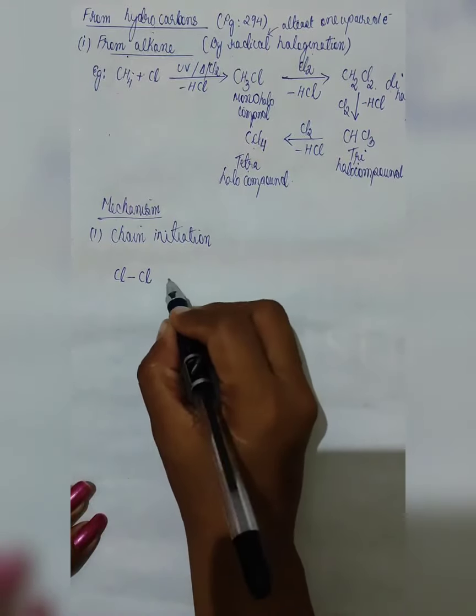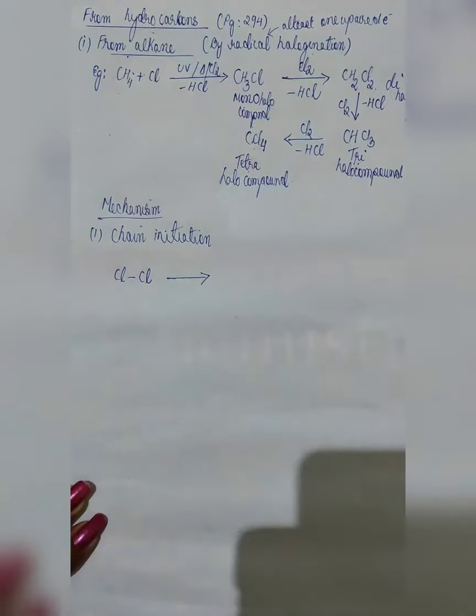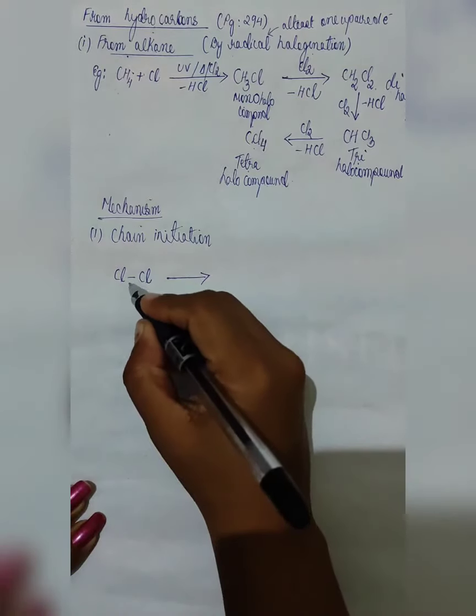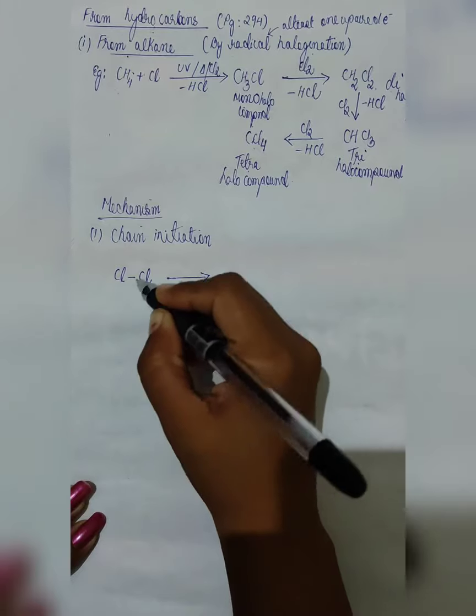Now here, this happens only in the presence of sunlight, peroxide, or high temperature. For forming radicals, these are the conditions that are required. Now here what will happen is homolytic cleavage or homolytic fission will take place. Now what is homolytic cleavage? It is simply this bond has a pair of electrons.